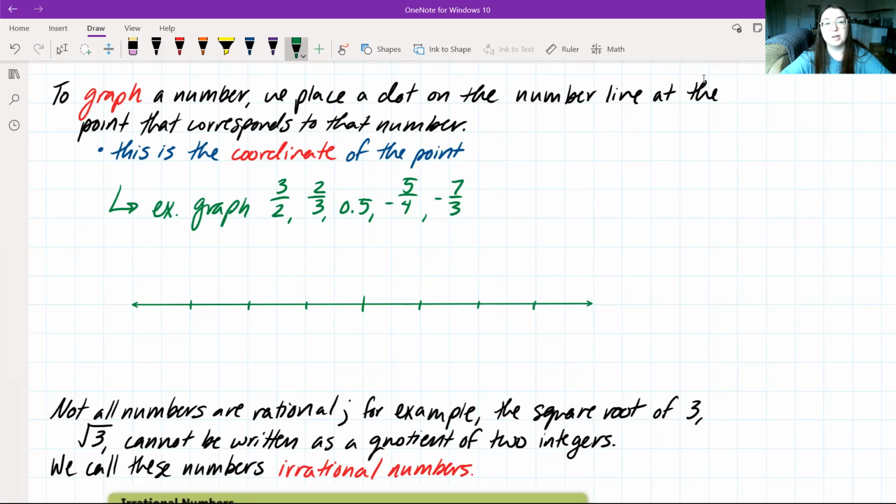But whenever we want to graph something on a number line, and our number line has no values, no beginning values or anything, it's always best to first identify 0. So we have this number line. Let's put 0 in the center of our number line. So there's our 0.